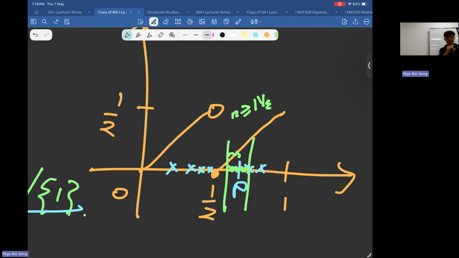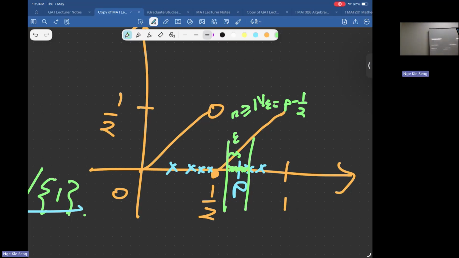What epsilon should I pick here? p minus half. Is p minus half enough or not?